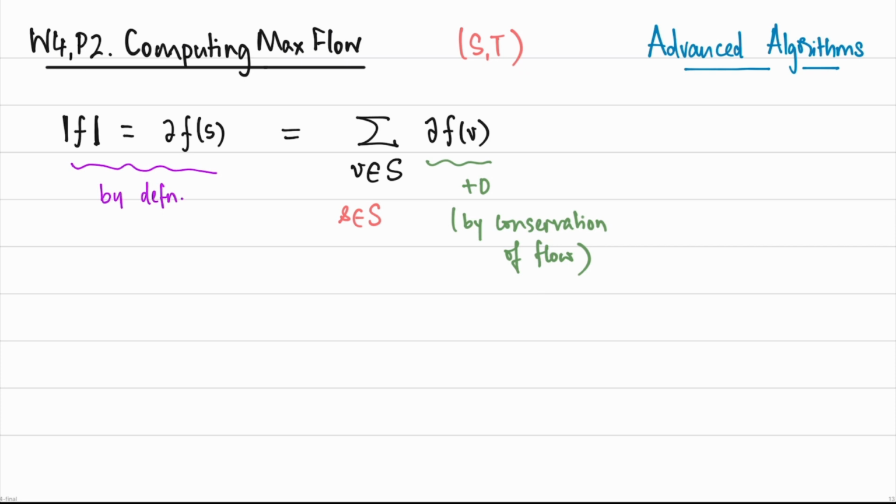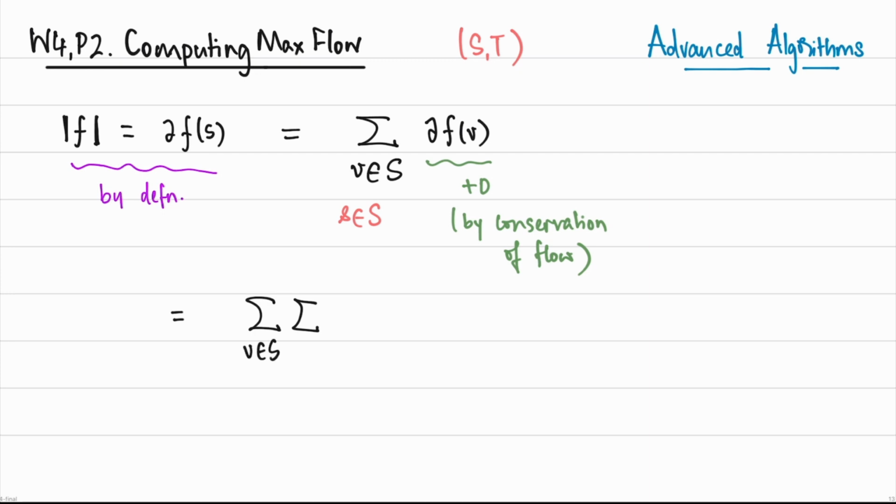Okay, let's just write this in expanded form, meaning what are these del values? Well, it's the difference between the outgoing flow and the incoming flow. So let's write that out explicitly for all the vertices here. In fact, let me just put this down here on the next line. So what is del f of v? We want to look at all the edges that go out of v.